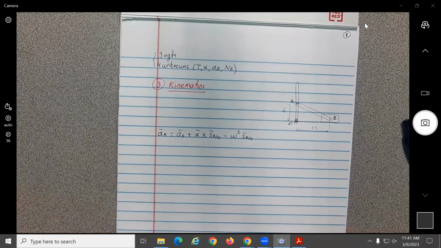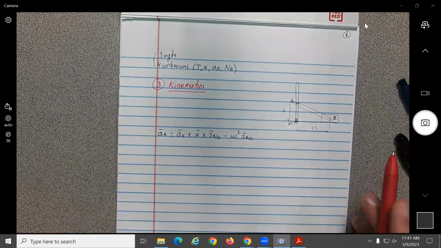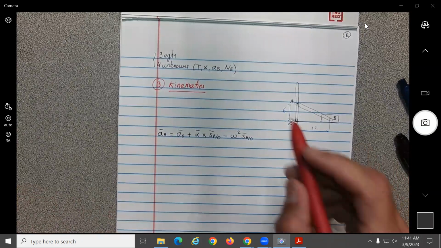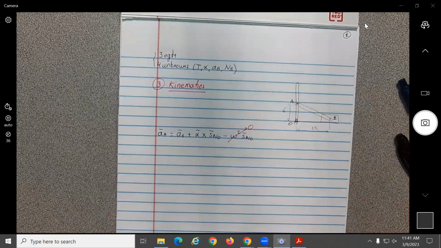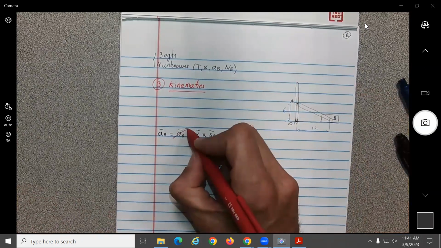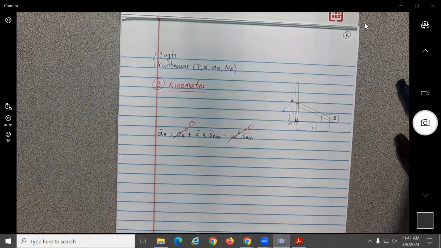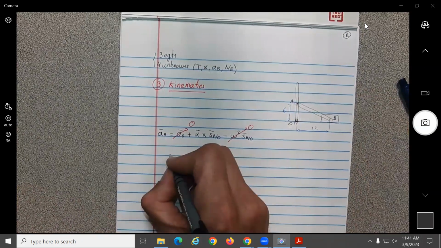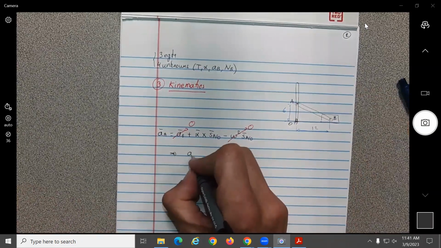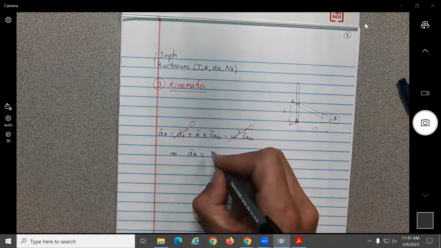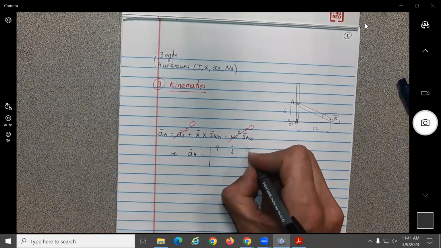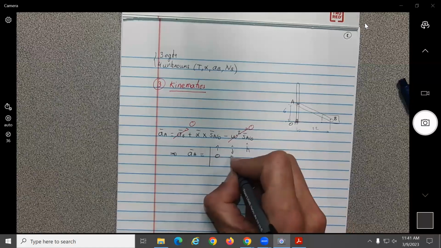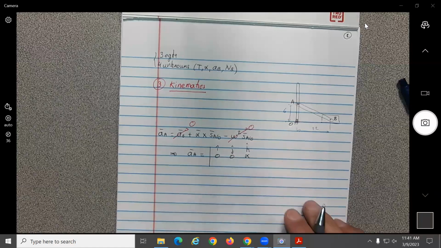Here, again, I'm pretty sure they don't say it, but this is probably released from rest. Initially everything is at rest. So what does that mean? It will be 0. This one is not moving. So we're going to get the acceleration of A equal to i, j, k, 0, 0, alpha.